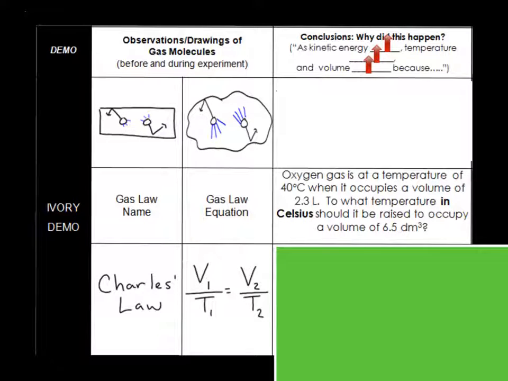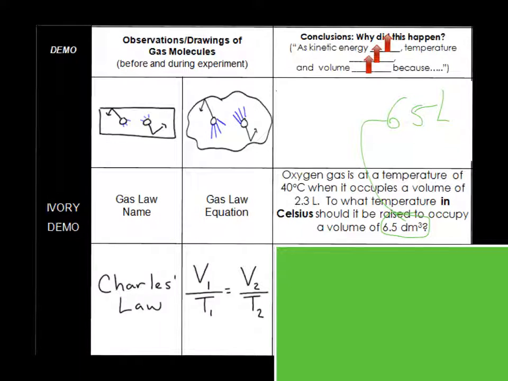So 6.5 decimeters cubed also equals 6.5 liters. Okay, so be mindful of that as you're going through. With the Celsius, we need to convert to Kelvin and then convert back. So I'll give you an opportunity just to finish working on that, then we'll go through the answer.